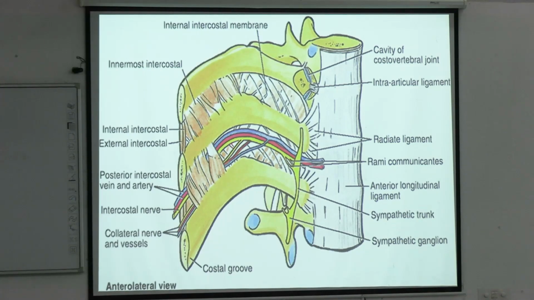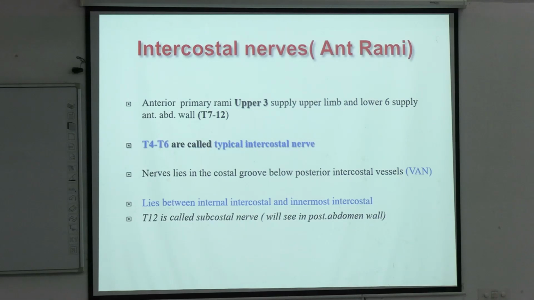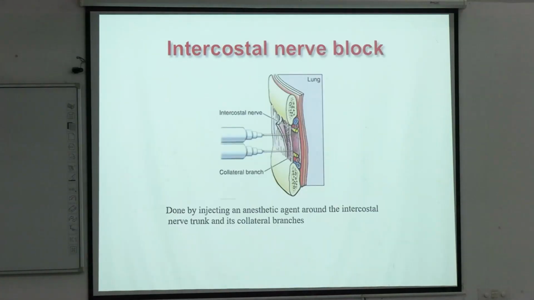Having this nerve at the lower bottom end helps us catch it, especially whenever we are trying to anesthetize. We call this anesthetizing procedure a nerve block. Whenever you are trying to get anesthesia, we fill a syringe with the drug, pierce the muscles and reach the plane where the nerves are placed, between the internal intercostal and innermost intercostal muscles.